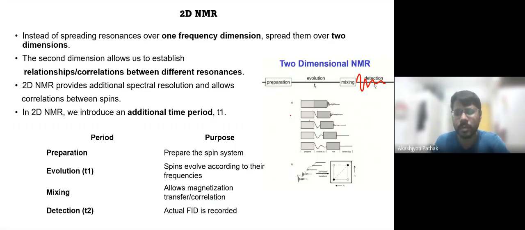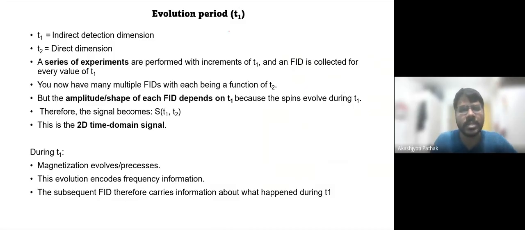T1 is called the evolution period, and it is also called the indirect detection dimension. Why is it called the indirect detection dimension? Because the FID is not collected during the T1 period. The FID is collected in the T2 time period, but any information present in T1 will be present in the T2 dimension when we collect the FID.